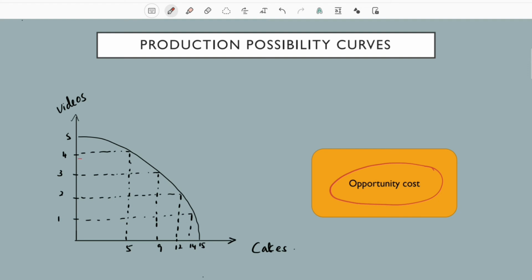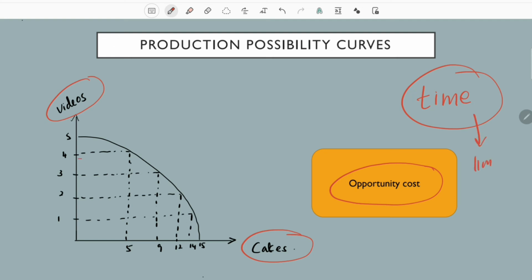So I'm using the first example that I used, right? I have the capacity of making videos and baking cakes by using the time that I have. Since my time is a limited factor, I always have to give up something whenever I try to produce more of the other thing.